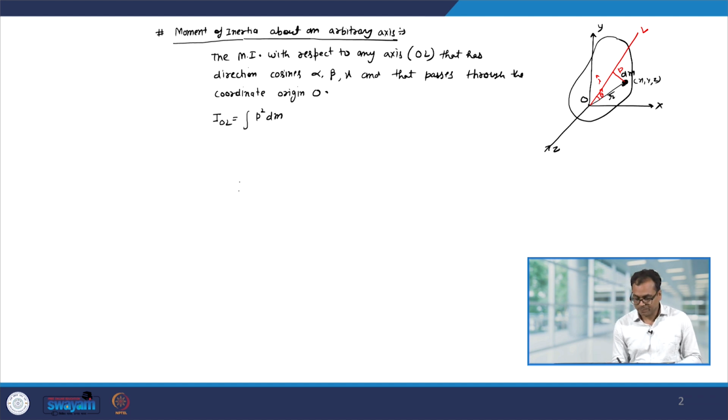Now, the moment of inertia of this rigid body about OL will be integral p square dm and from the geometry this p I can write down as lambda cap cross vector r, square, dm.